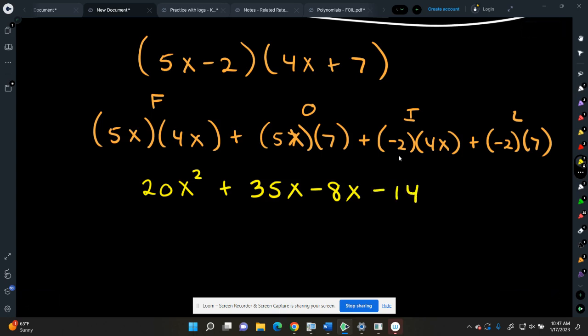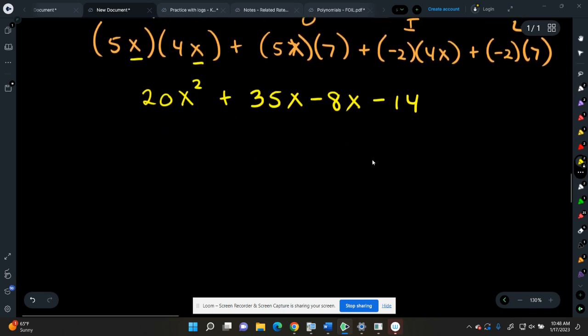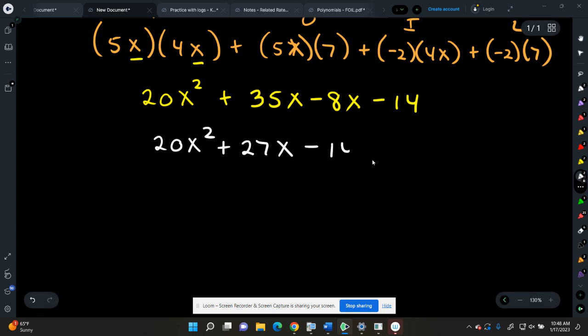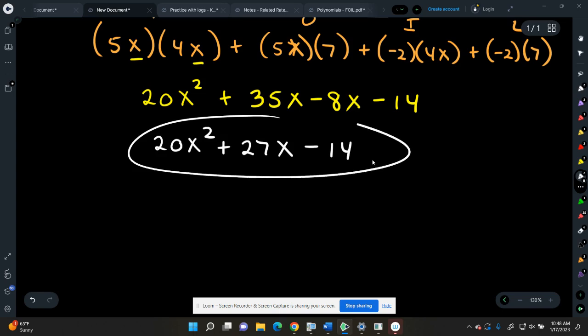Wait, how'd you get x squared? Because we did x times x. Okay, what do we have to do now? Add both. Yes. So we have 20x squared. 35 minus 8 gives us 27x. And there's our answer.